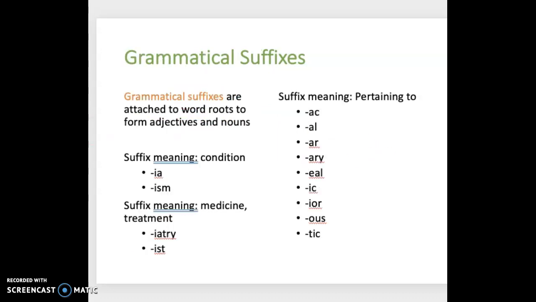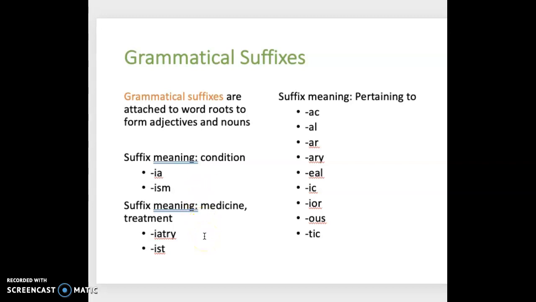And then the last ones, these are the grammatical suffixes that are attached to words to turn them into adjectives or turn them into nouns. And I listed some of the most common ones. Ia, we dealt with that one earlier with hyperthermia. Ia means condition, and so does ism.